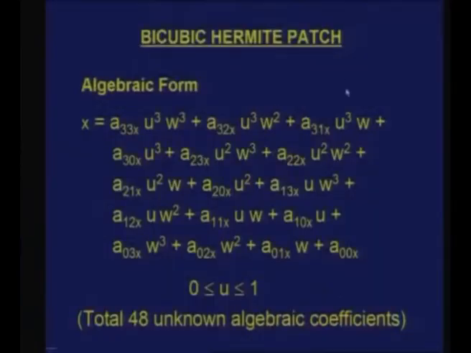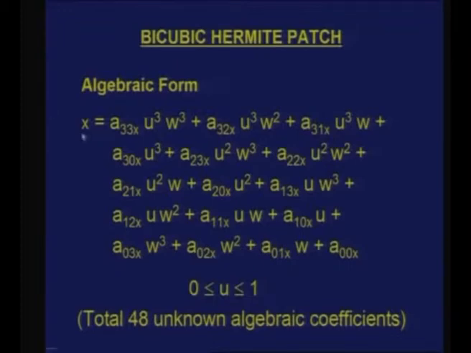If you recall, in the algebraic form of the parametric cubic curve or Hermite curve, we had x, which is a function of u. There were 4 unknowns, isn't it? There were 4 algebraic coefficients which could define it. In the case of x, y, z, 4 into 3, there were 12 algebraic coefficients.